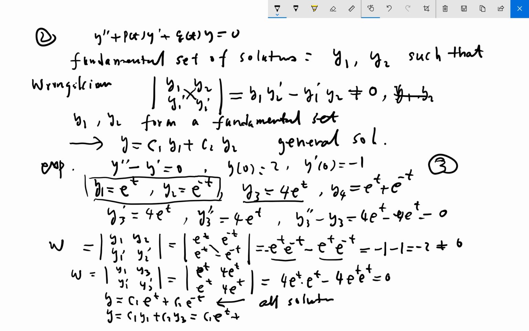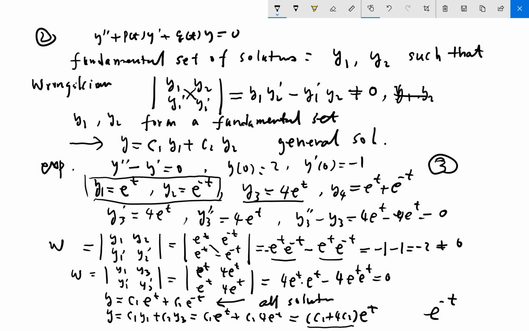Your C2 is 4 times e to the t. You put them together, you got C1 plus 4C2 times e to the t. So no matter how you choose your C1 and C2, they will never give you this solution, right? So finding a fundamental set of solutions is very important.